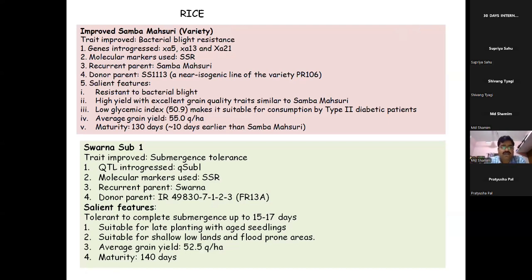In this slide, there are two different varieties. One is the improved Samba Mahsuri, and the second one is the Swarna Sub-1 variety, which have been developed with the help of molecular breeding.